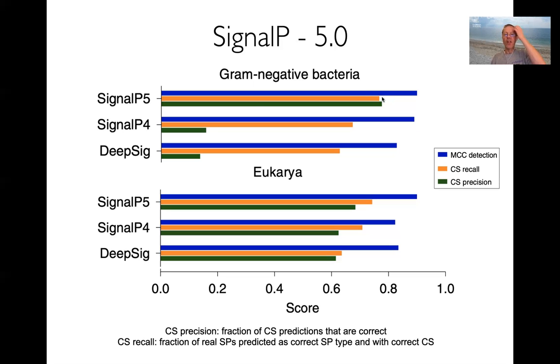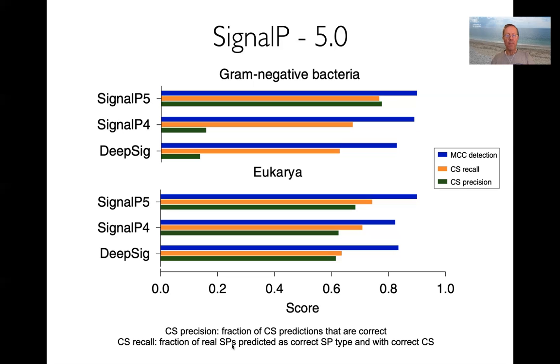And you see that it's correct about 80% of the time for bacterial signal peptides and maybe 75% of the time for eukaryotic signal peptides. So they're not only good at recognizing signal peptides, but they're also good at predicting the exact cleavage site between the signal peptide and the mature protein.